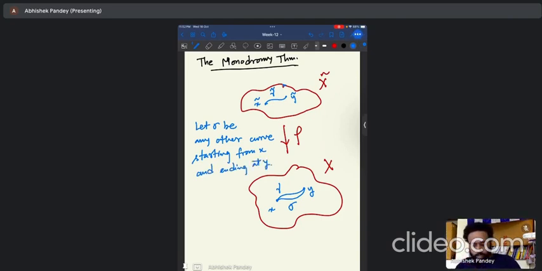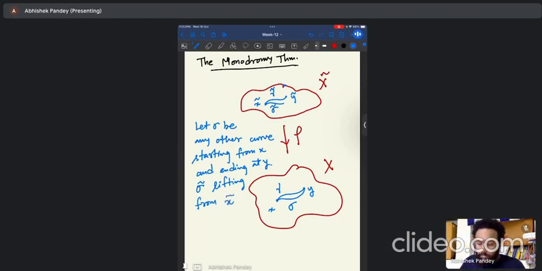Again, this sigma will also have the lift sigma tilde. Okay, so sigma tilde is the lifting from x tilde.